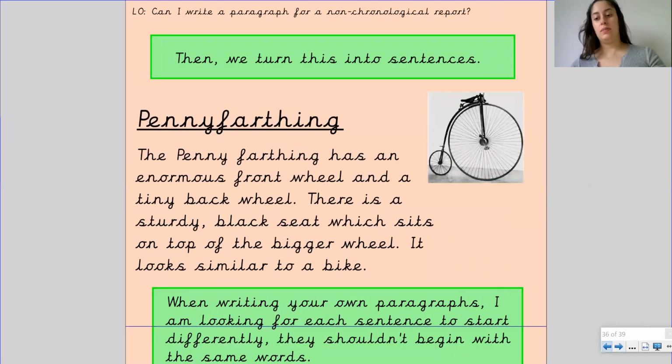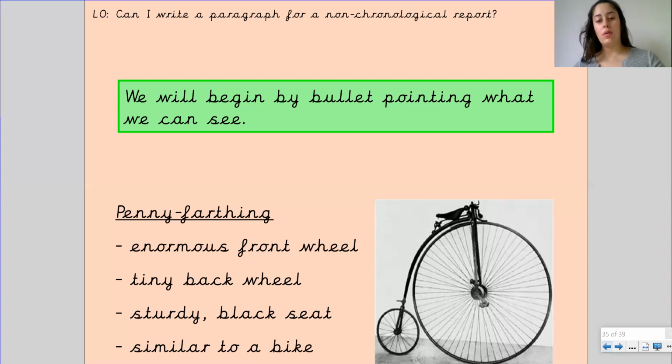Okay, so before we go and look at the paragraph that we've written, can you have a go at putting these bullet points into a paragraph, so into a few sentences to describe what the penny farthing looks like? And try your best not to start every sentence with the same word.